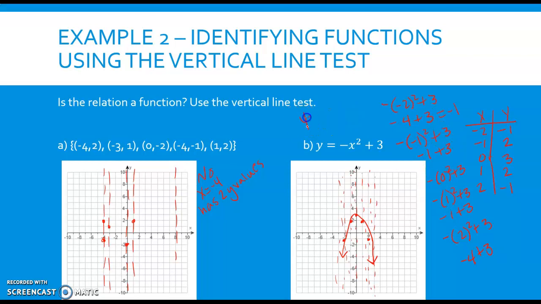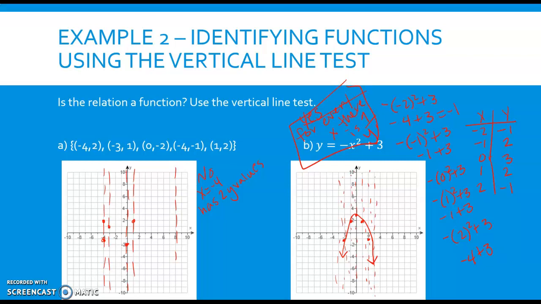So B is a yes. And again, for every x, there is exactly one y. That is why B is a yes.